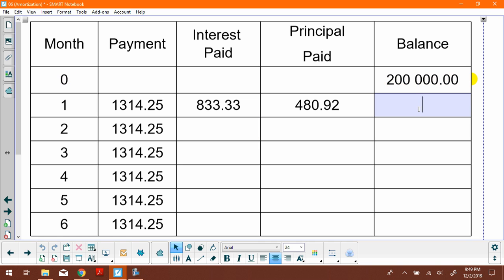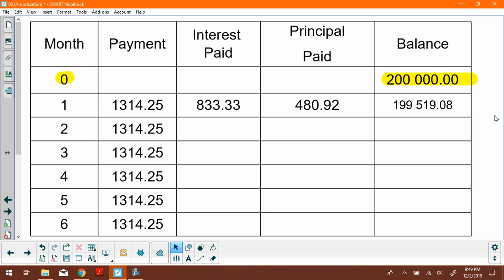So the balance remaining on the mortgage is 199,519.08. That's how much is left on the mortgage at the end of 1 month.